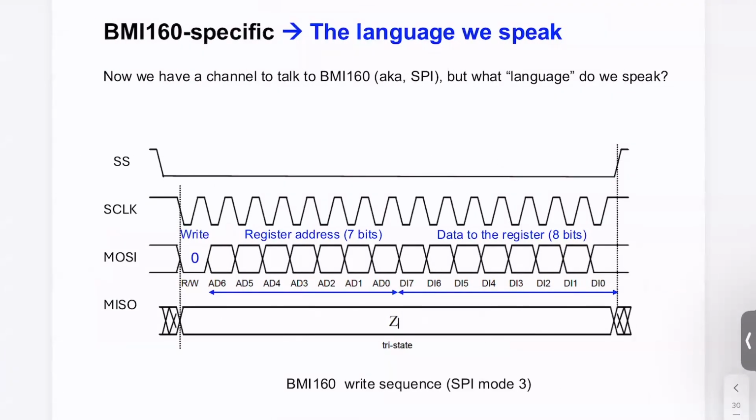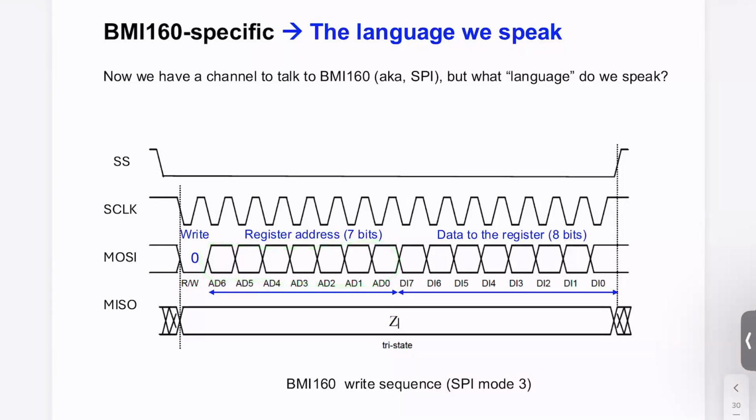Then sometimes you want to write to your sensor. You want to specify the sampling rate, or you want to specify the measurement range. You have to write. So to write, your master starts with a 0. You put a 0 on MOSI, that means you are going to write. Following that, you provide the register you are going to write. You specify the register address you're writing.